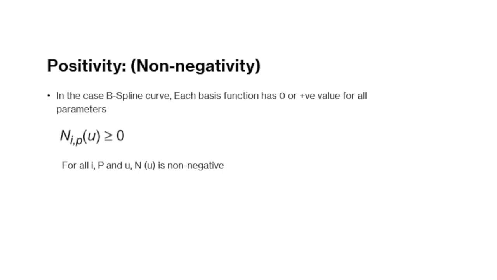This is already proved in the de Boor algorithm: for any parameter interval, the labels along the edges of the de Boor algorithm are non-negative. So we can show this property using the de Boor algorithm also.